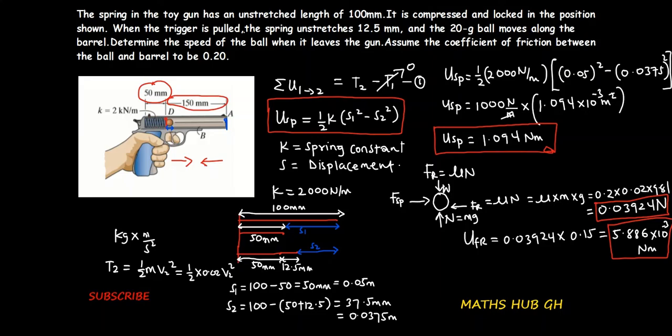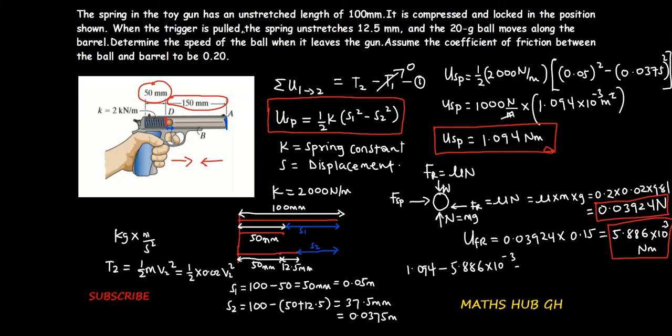So now let's continue. We know work done by the spring force and work done by frictional force. So now let's substitute them into the main formula. You're going to have 1.094, minus, because the frictional force is acting in an opposite direction, so you have to negate it, minus 5.886 times 10 to the power minus 3 Newton meter.